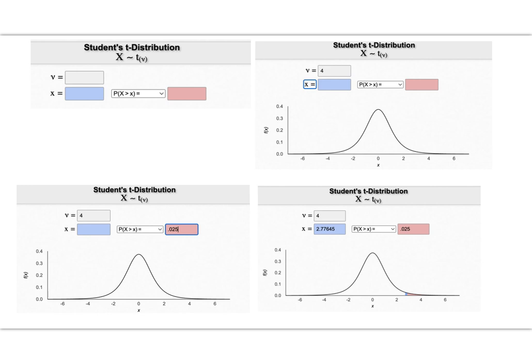So if you go to the applets, there is also one on the list, and it's just called t.html. And this is what comes up. This is degrees of freedom. So that little symbol is the degrees of freedom. So for what we did, 4 was our degrees of freedom.